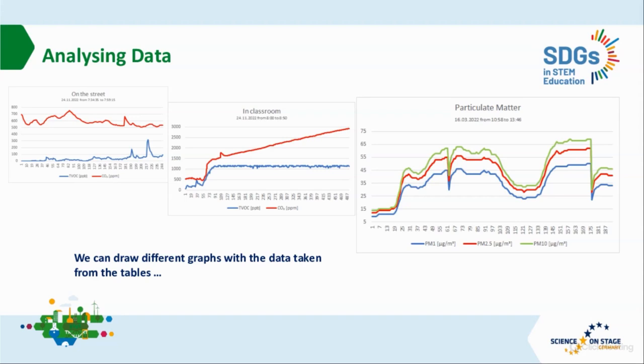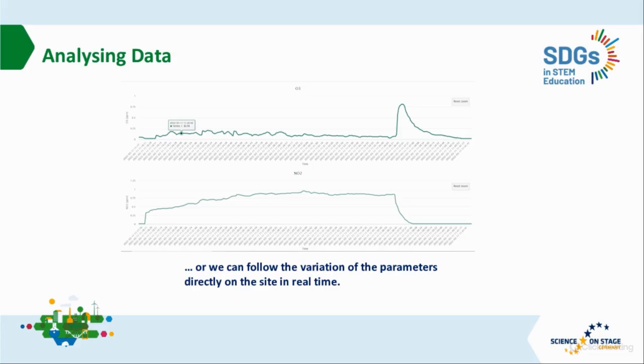You see, at the beginning, the quantity was small, but at the end of the hour, the carbon dioxide rose very much. And there are also some examples from the site.